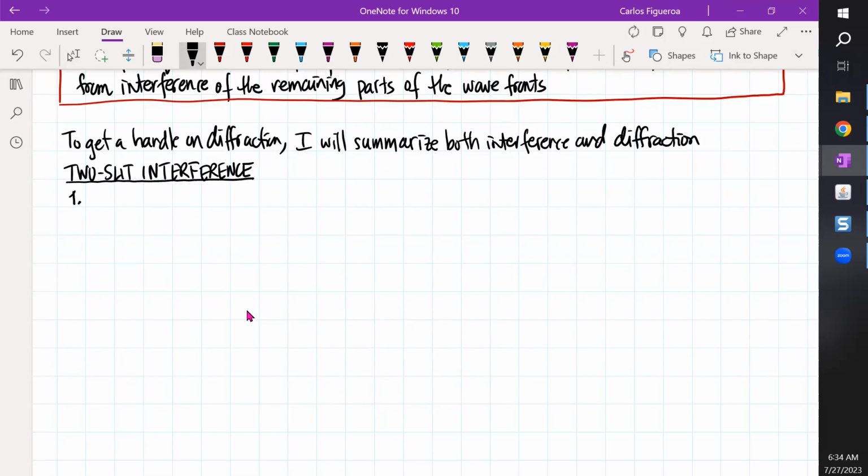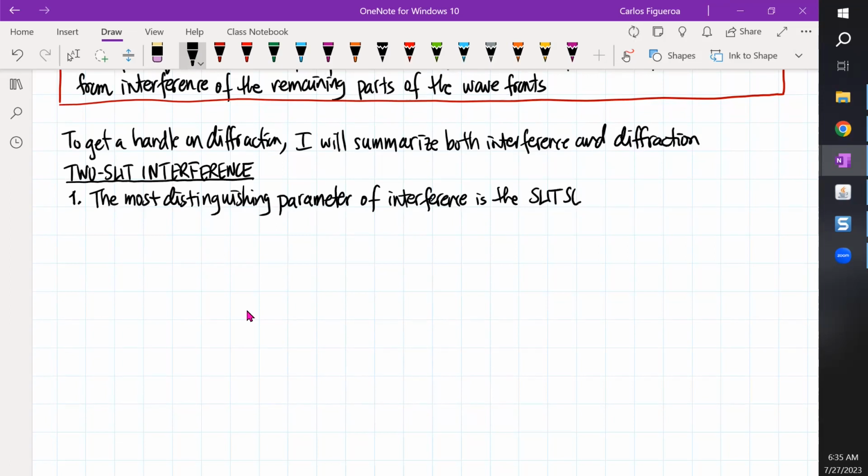One, the most distinguishing feature or parameter of interference is the slit separation, which we defined as little d.